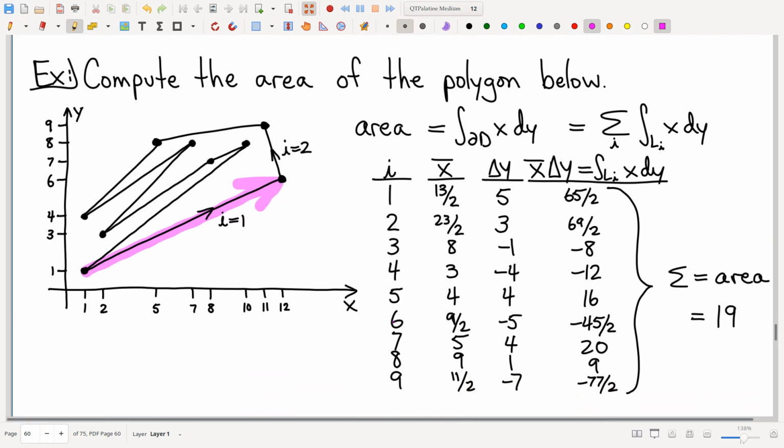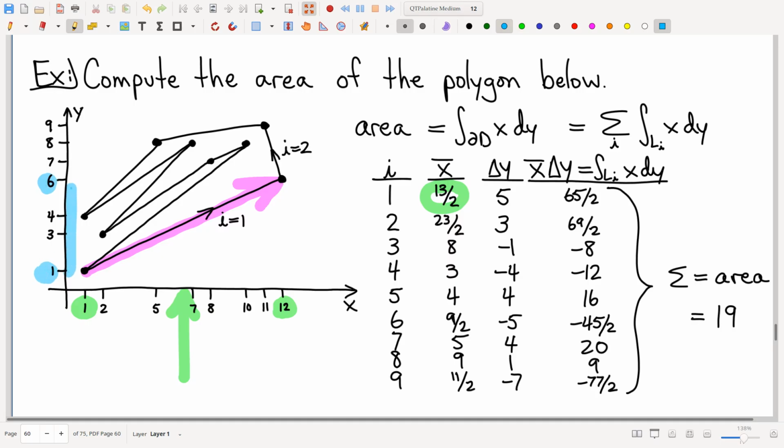So for that first edge, what is x bar? What's the average value of x if x starts at 1 and ends at 12? The average value of x then would be 6.5. That was easy. And then now I've got to multiply by delta y. What is delta y? Well, y started at 1 and ends at 6.